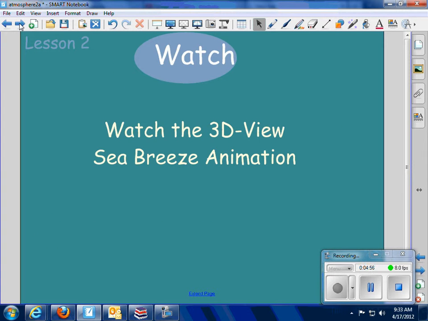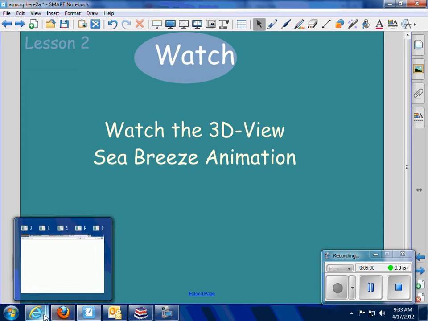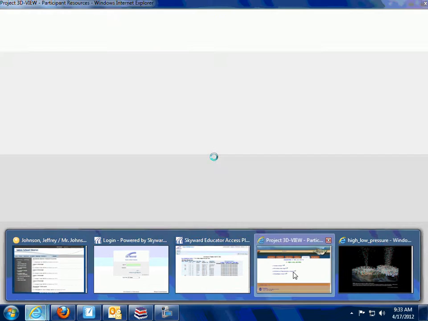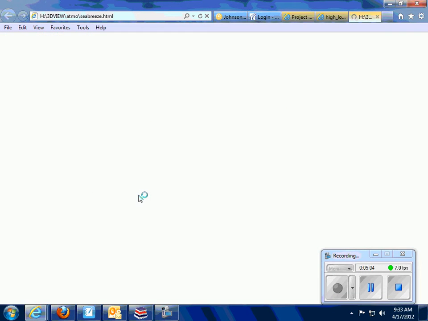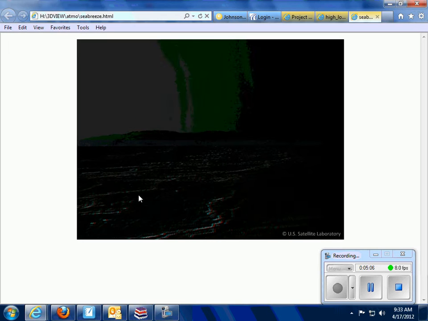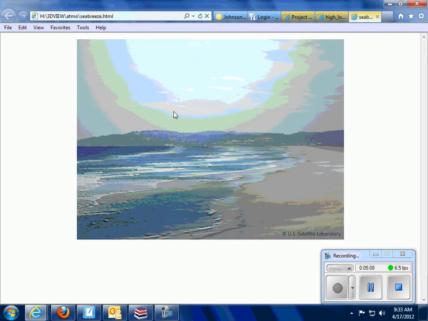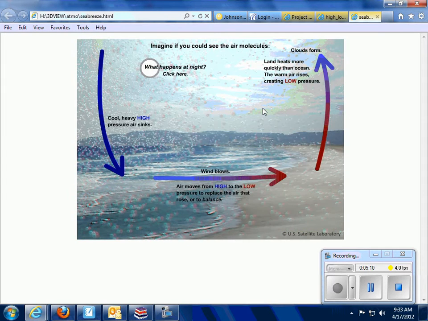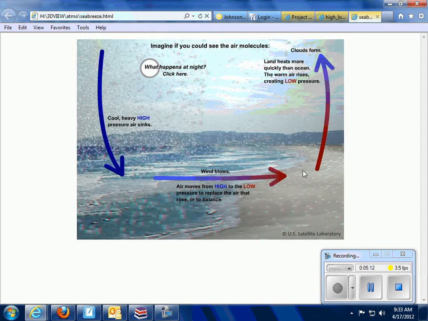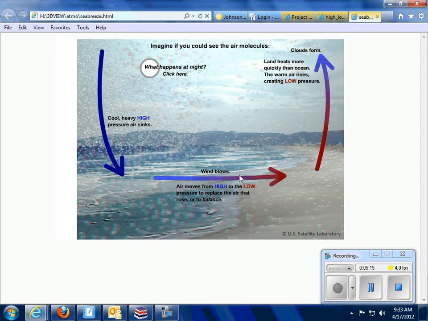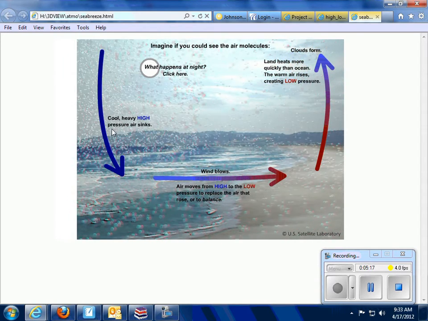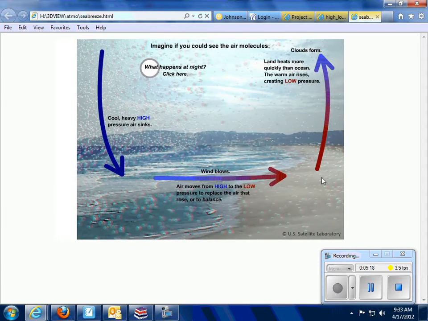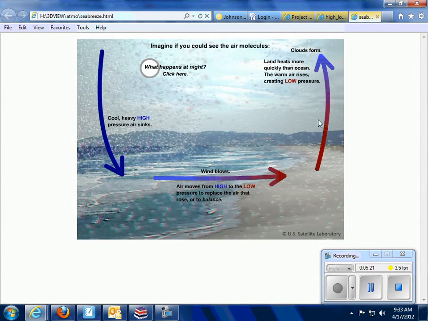With this difference of high and low pressure, we get to see some breezes, these sea breezes. This animation shows how sea breezes happen. During the day, you've got this breeze that blows in from the sea or from a lake. Land heats the air above it, and it rises.